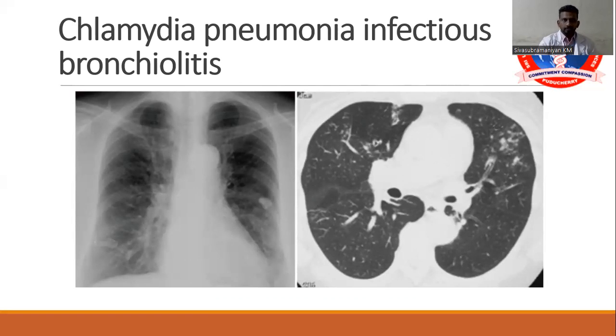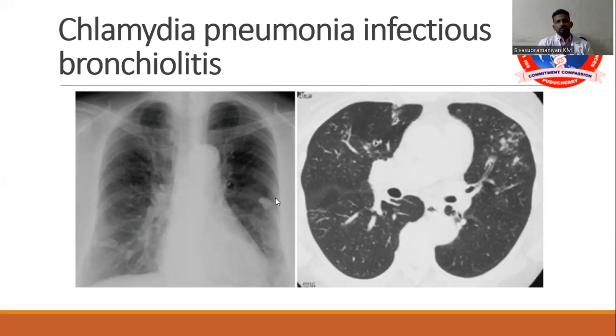And now you have the chlamydia pneumonia, and this presents typically with infectious bronchiolitis. You can also see the tree in bud pattern like we discussed earlier. You can see patchy scattered areas of tree in bud opacities in the right middle lobe as well as in the lingula of the left lung. And you can also see the corresponding nodular densities, nodular opacities in the plain radiograph frontal projection as well, in the right lower zone and in the left mid zone.